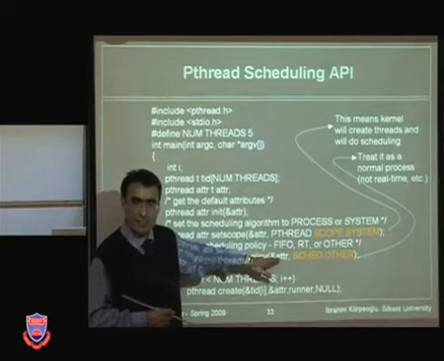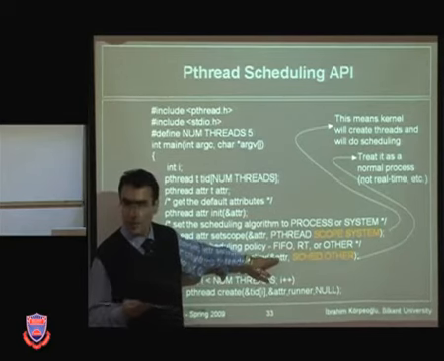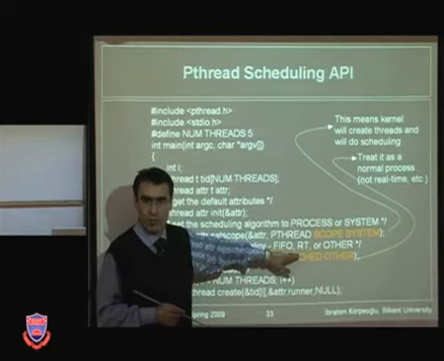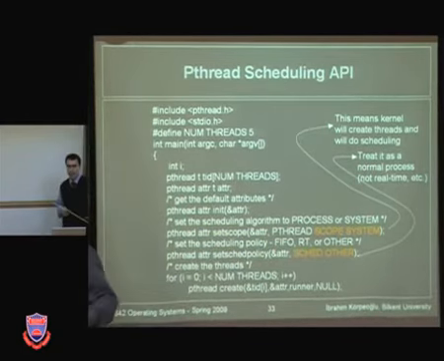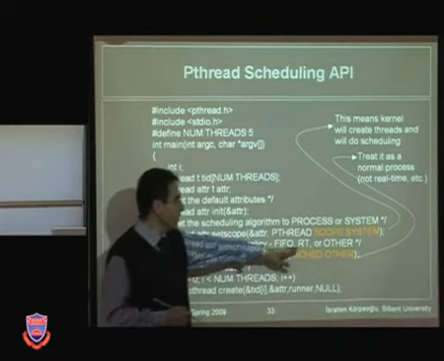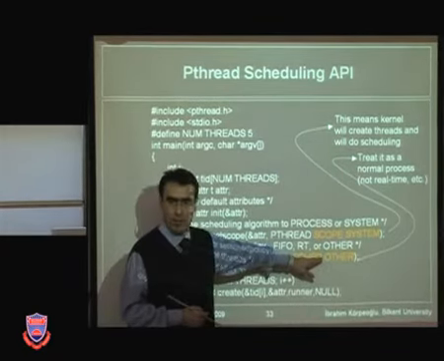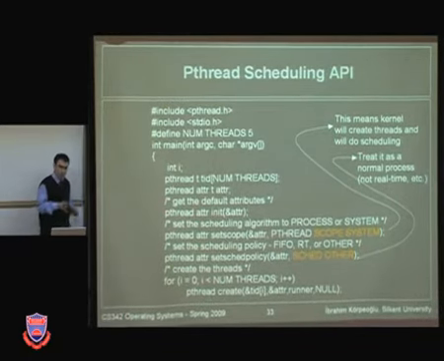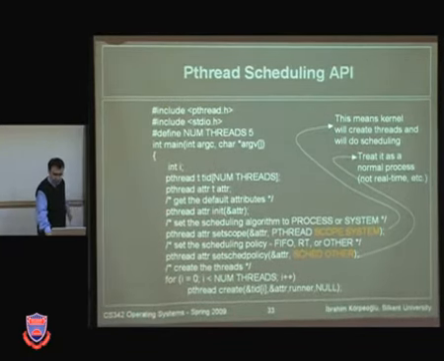If it's a real-time thread running a real-time task, then you can specify the scheduling policy to be real-time. Then the kernel will assign a higher priority to that thread. If you specify, for example, SCHED_RT as the scheduling policy for that thread, the kernel will treat that thread as a higher priority thread.